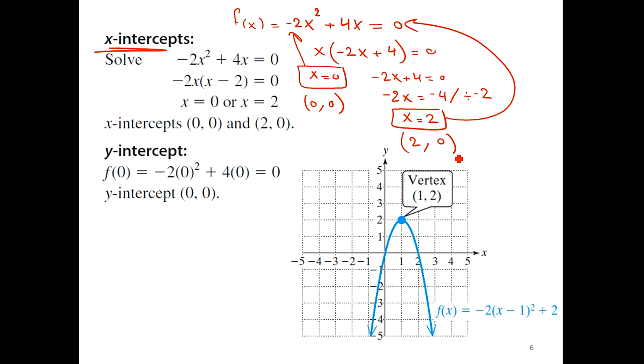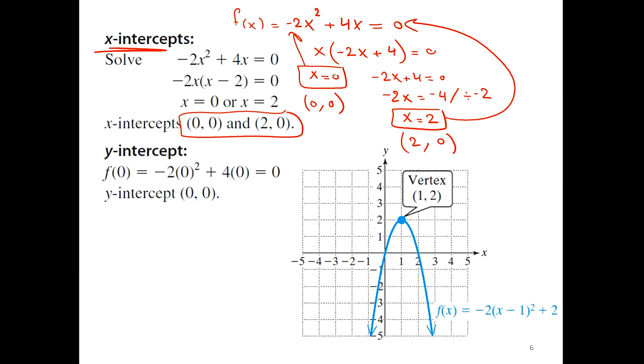If we have other than 0, this is not an intercept. So just to verify, if we substitute 0, we have 0. If we substitute 2, we have 0 also. This is the x-intercept.